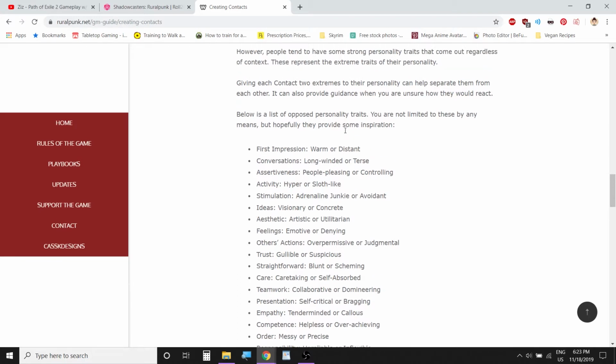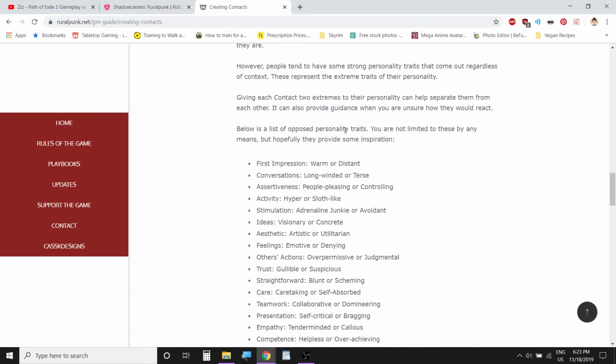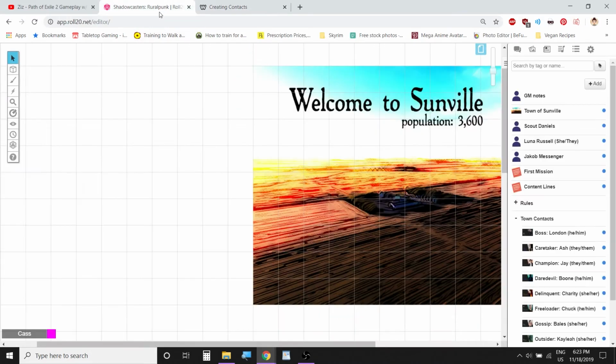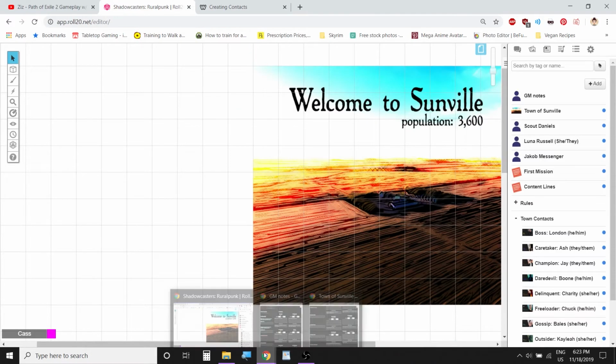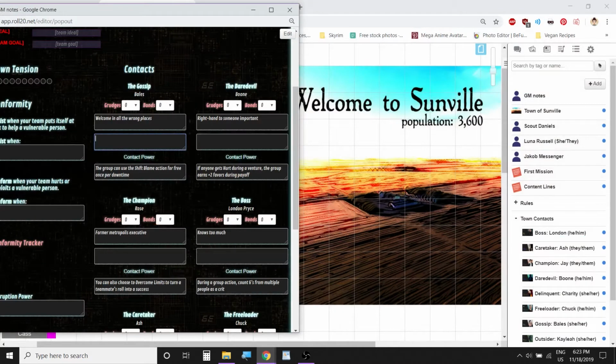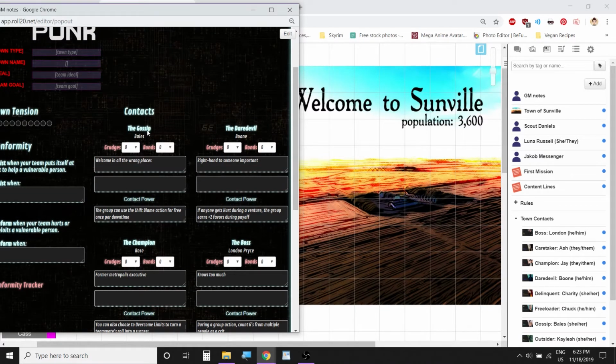And so when we're thinking about creating these traits, it's important to remember that these are things that can be used for rolls. So what I mean by that is, let's say we have Bales, the gossip, and say that they know that Bales is welcome in all the wrong places.